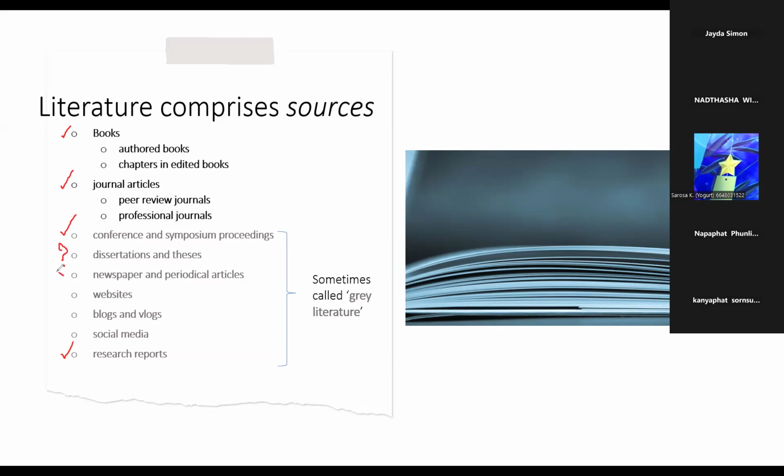And when you want to see what society expects or is talking about in the new trends, yes, could be newspapers, blogs, vlogs, or social media. But for websites, yes, we can claim that books, journal articles, conference proceedings, you can get them directly from websites, right?